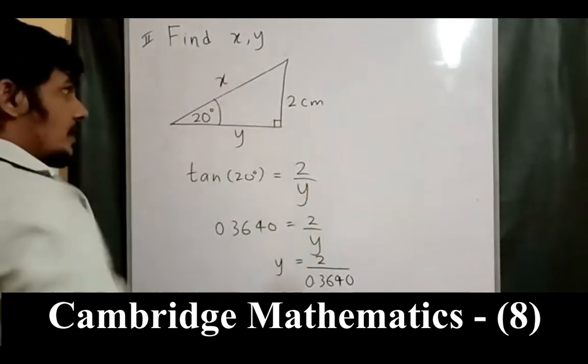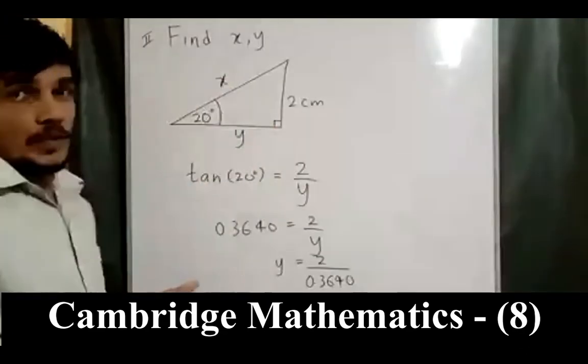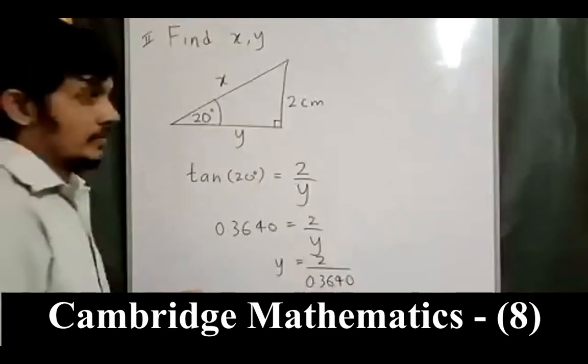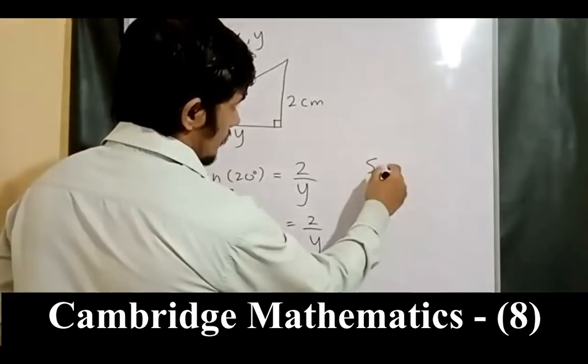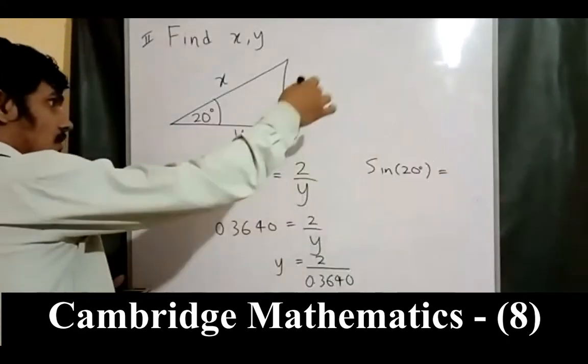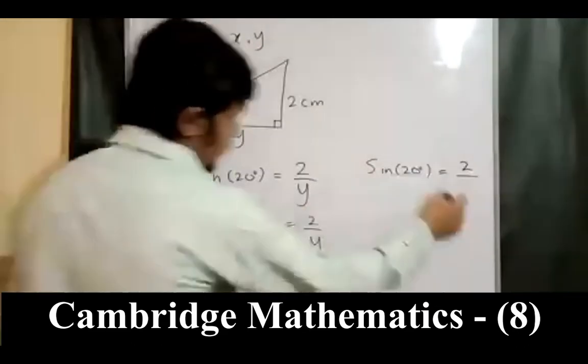If I want to find x, the opposite is given and we have to find the hypotenuse. Then opposite over hypotenuse means what? Sine. So I apply sine 20 equals opposite, which is 2, over hypotenuse, which is x.